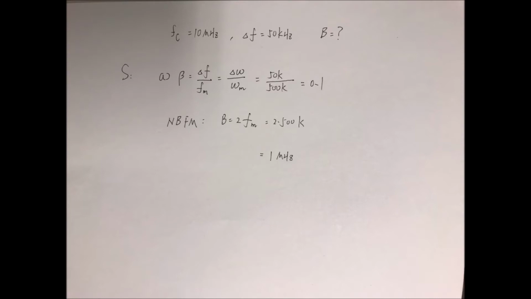Beta is the peak frequency deviation divided by your signal's frequency, so delta F over Fm, or delta omega over omega m. Delta F is given, 50K. My signal's frequency Fm, number one, is 500. So I know my beta is 0.1, so we use the first set. It's narrowband FM for sure.